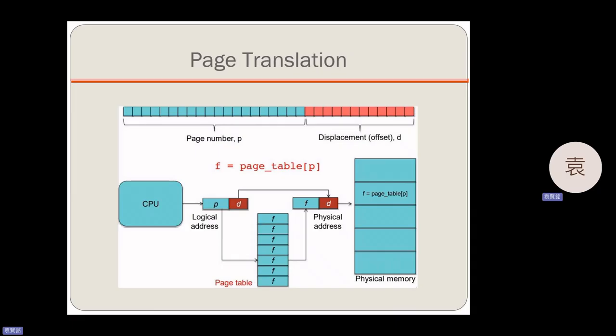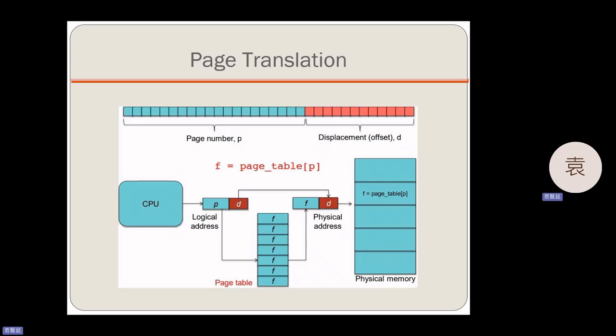So this page translation mechanism works something like this. The page table can be stored in the memory management unit. The CPU generates a logical address of page number with an offset. Then this page number is used as an index to find the mapping, the real physical location of this frame.